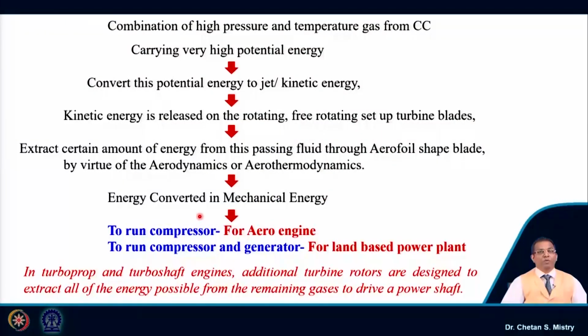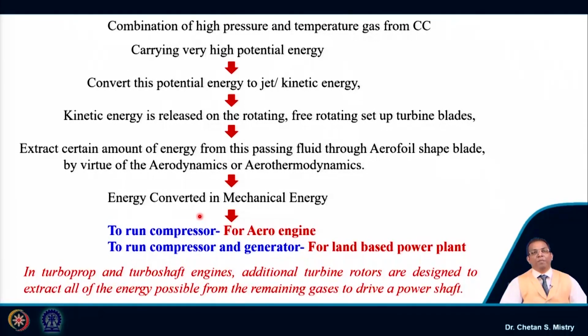Now overall, in terms of thermodynamics, we have high pressure and high temperature gas coming out from the combustion chamber. That will have very high potential energy. This potential energy we are converting into kinetic energy, which rotates our wheel, and from this wheel we extract the energy by virtue of aerodynamics and aerothermodynamics, which is converted into mechanical power.